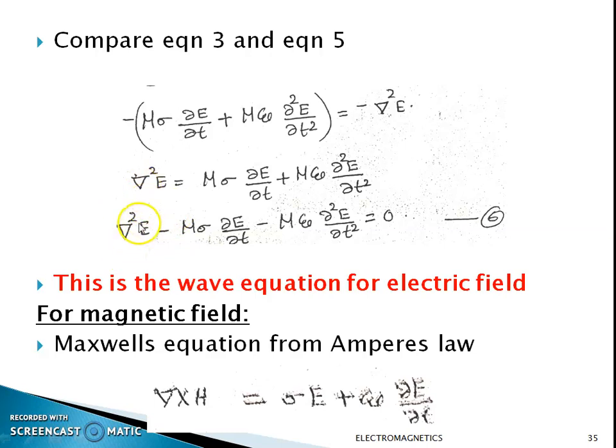Then this equation can be written as del square E minus mu sigma dou E divided by dou T minus mu epsilon dou square E divided by dou T square is equal to 0.